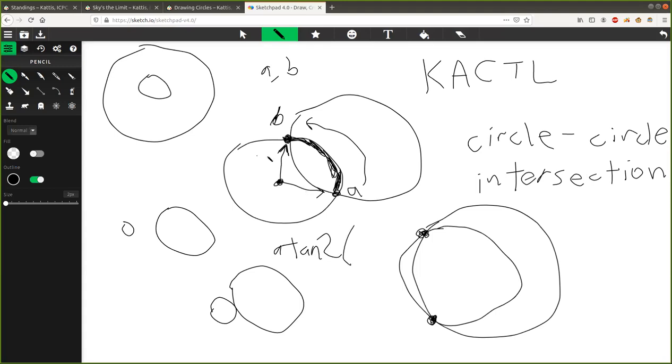You can give it, let's say this vector is (x, y), you call atan2 of (y, x), and then it tells you the angle from the x-axis of that vector. I think it's in the range minus pi to pi. So you can adjust it to be within 0 to 2 pi if you prefer.